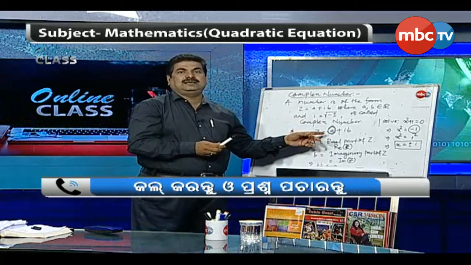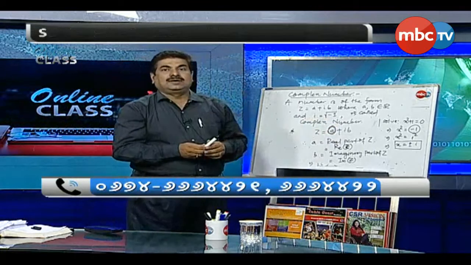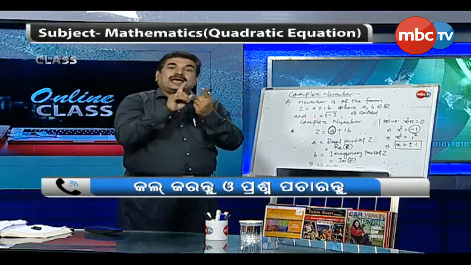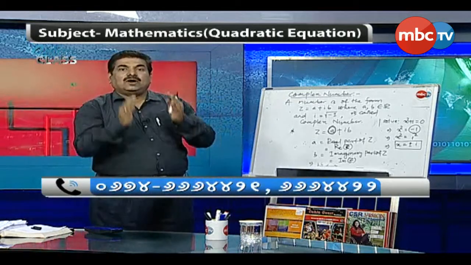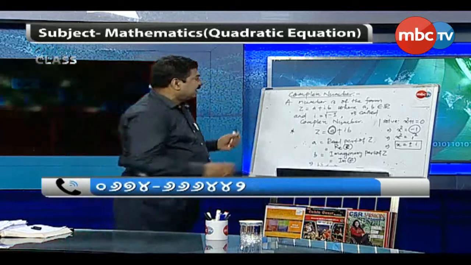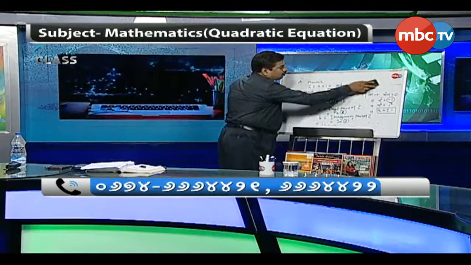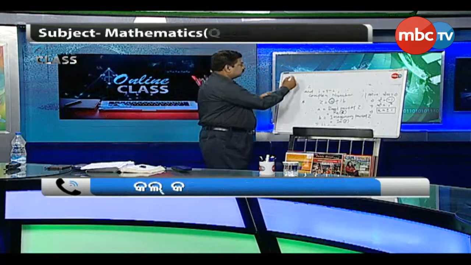Same case here, dear. If one value is a plus ib, then the other root must be a minus ib. That a minus ib we call the conjugate of a complex number.